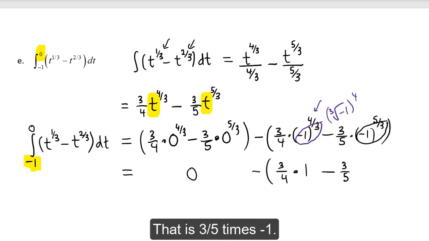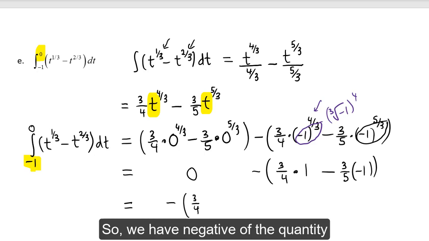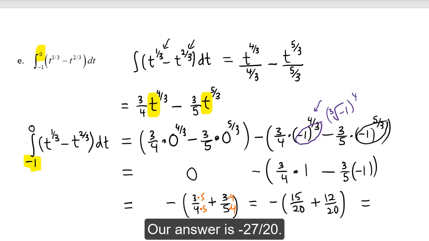That is 3/5 times -1. So we have negative of the quantity 3/4 plus 3/5. 3/4 is 15/20. 3/5 is 12/20. Our answer is -27/20.